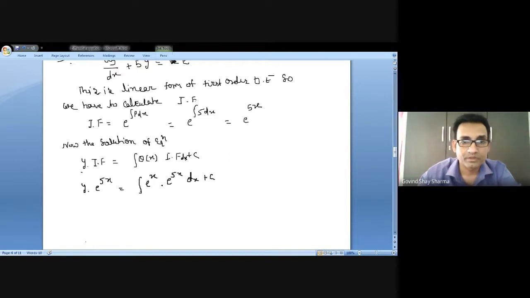Okay. This will become integration of e to power 6x dx plus c.